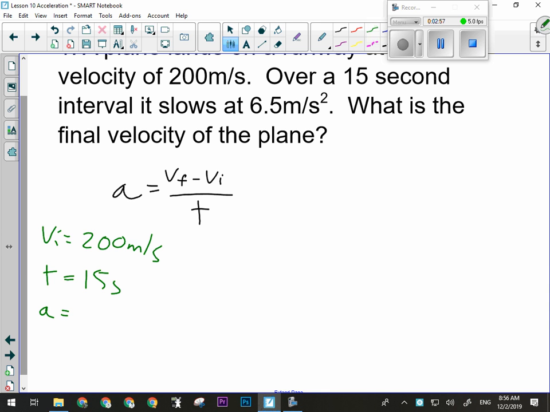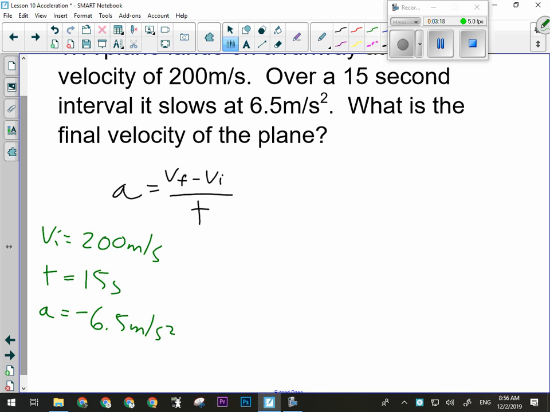Here's where context is important. That's negative 6.5. So guys, I hear a bunch of reactions out there. When you did this question, and you didn't make 6.5 negative, you got that the plane was going faster after it landed. Agreed?